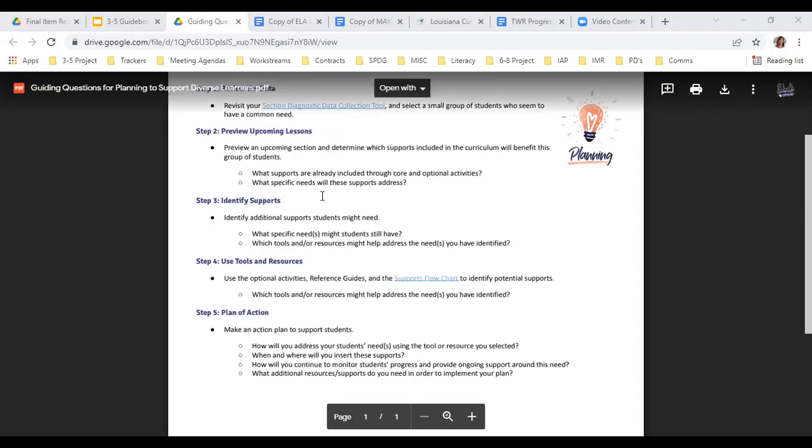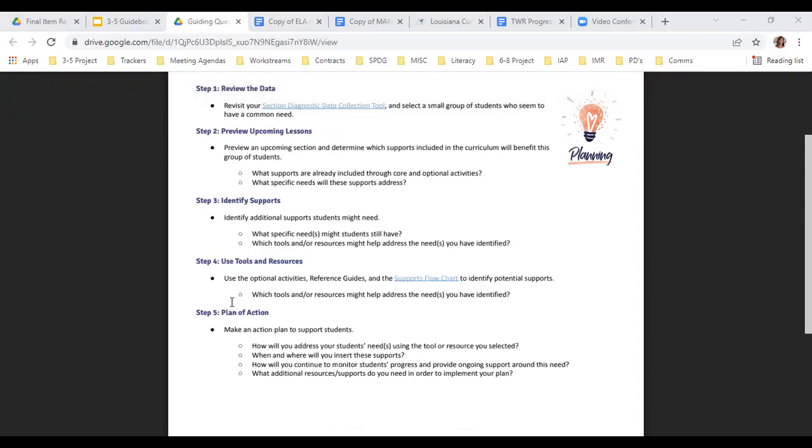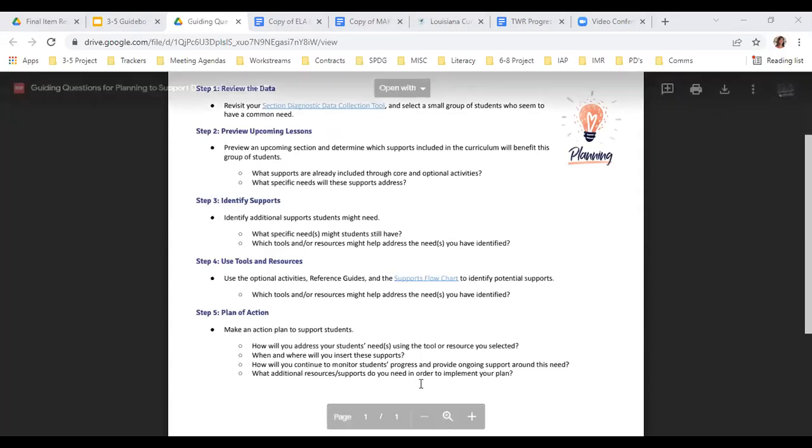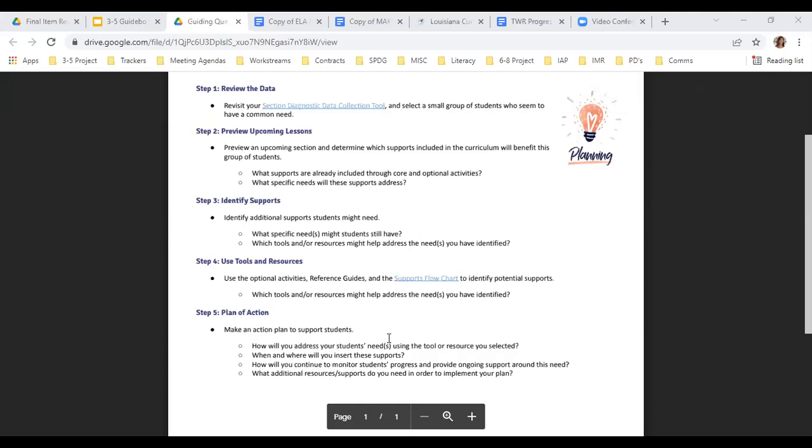And then also being able to identify supports, tools, resources, and creating that plan of action. So if you're looking for a process to follow in how to use these optional activities and core activities, this process will help gear teachers toward making those informed decisions based on their unique populations.